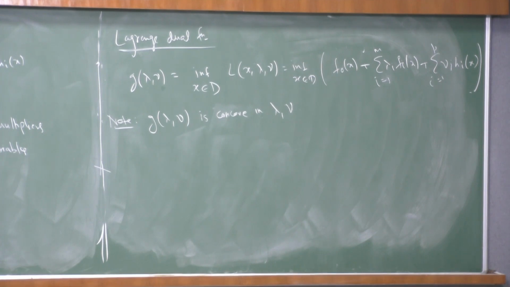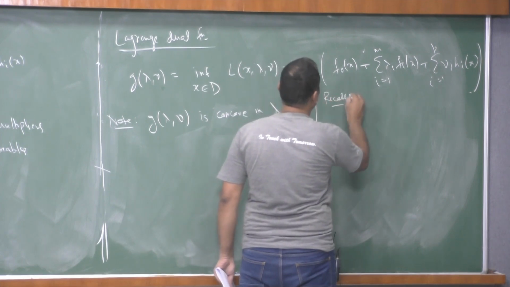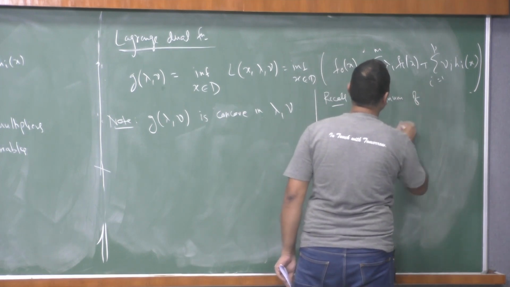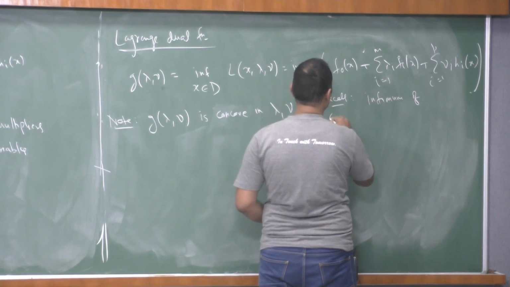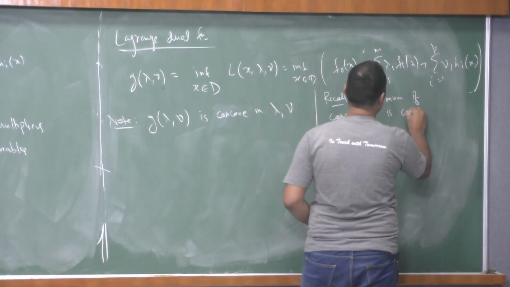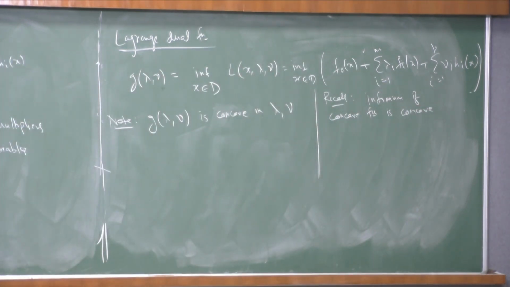So g(lambda, nu) is concave in lambda and nu. There is another result: the infimum of concave functions is concave, just like the supremum of convex functions is convex.